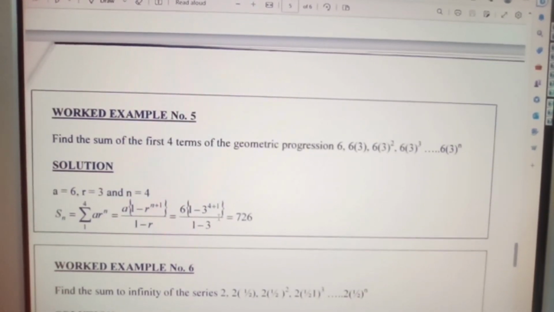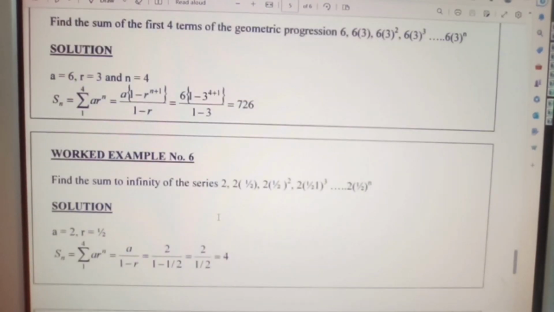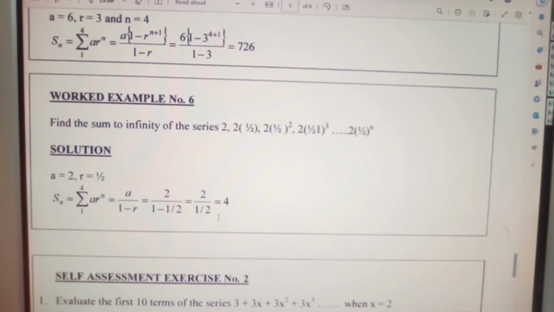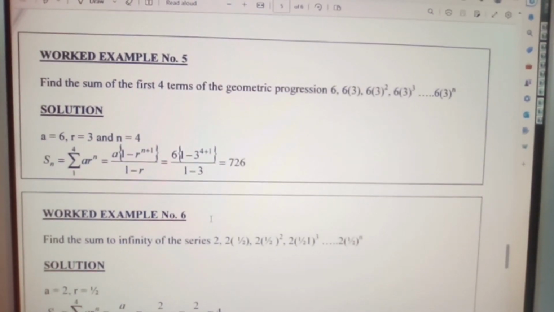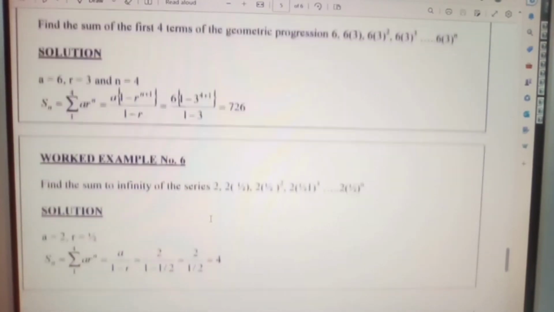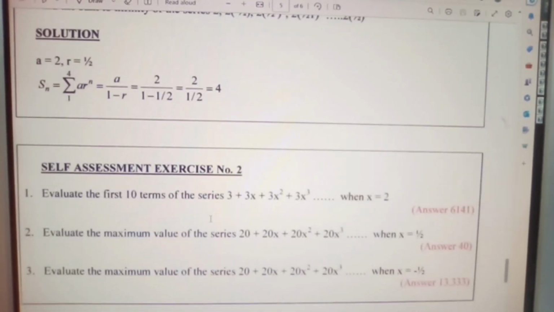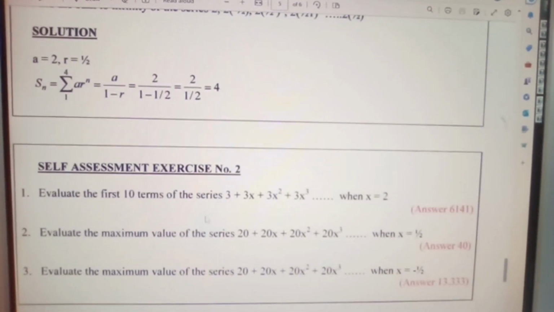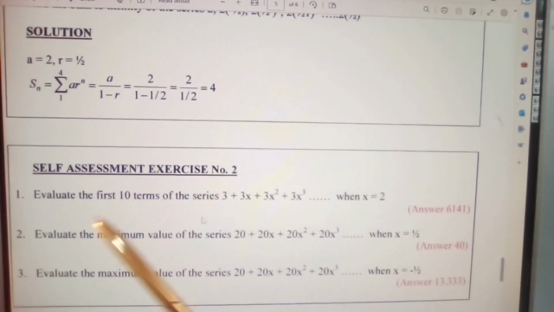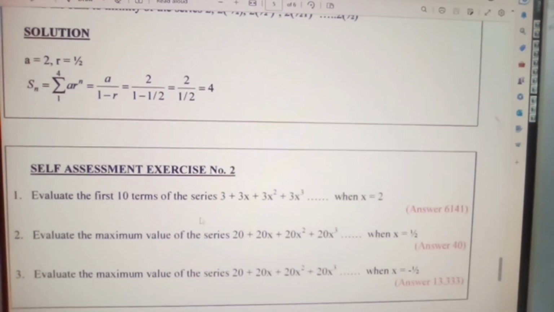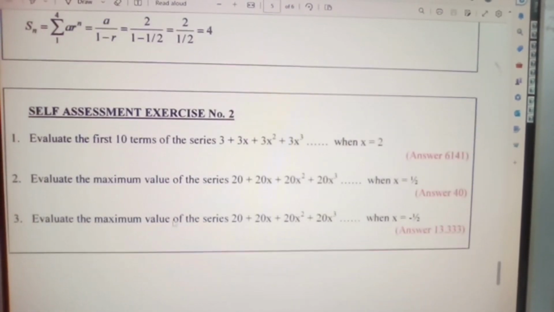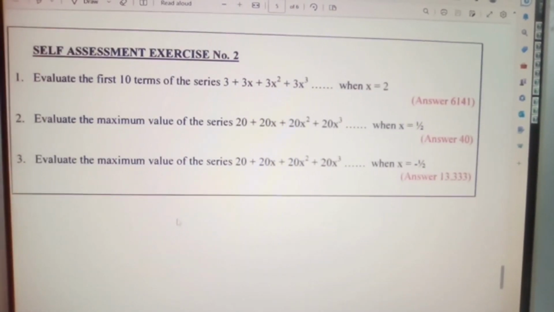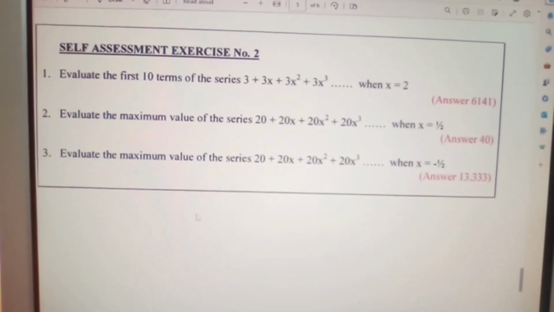And here's another worked example, and another. And here we have some self-assessment. Again, do some of these for yourselves so you can see practice makes perfect. Practice, practice, practice.